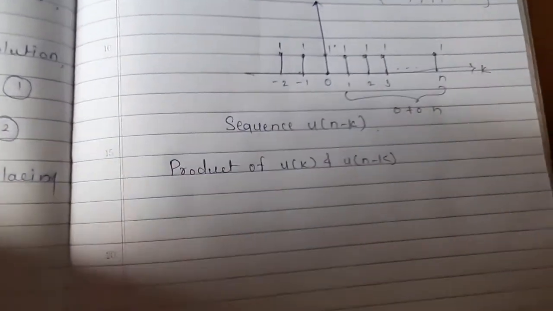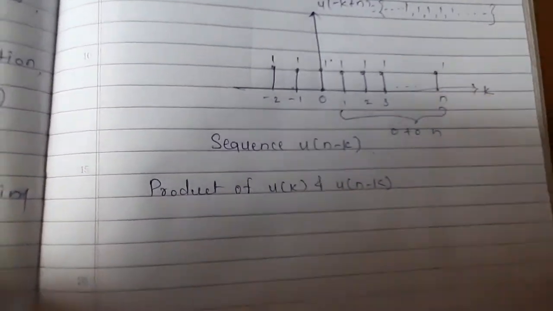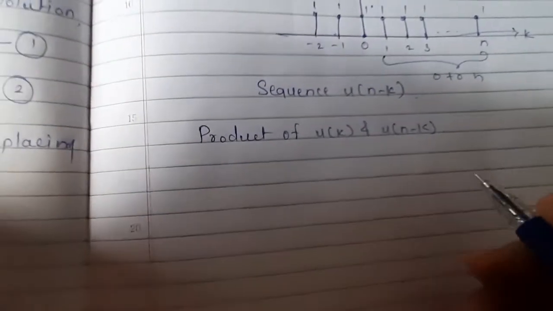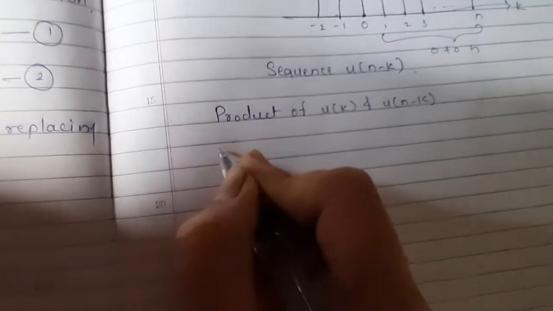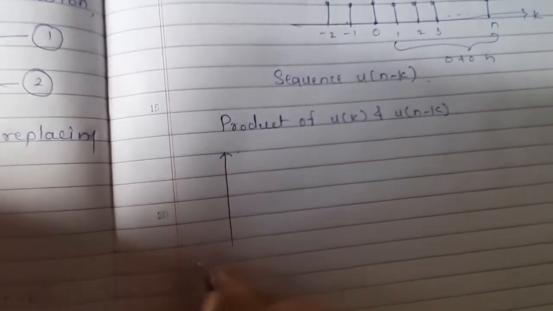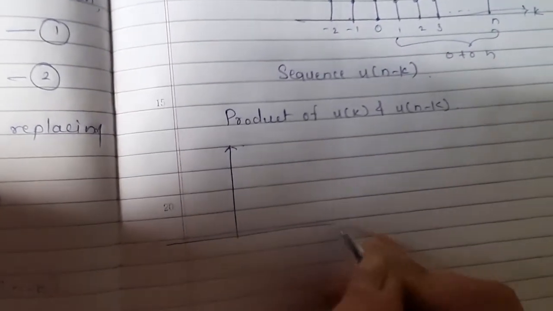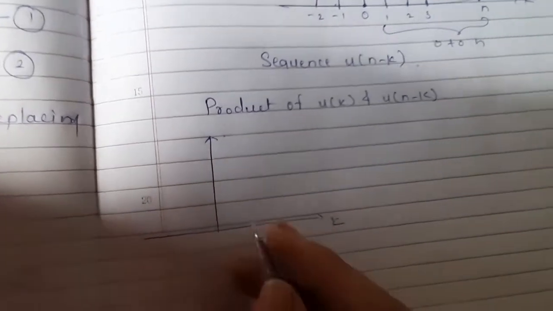Now the next part is product of u of k and u of n minus k. So first we draw here u of k. This is k.